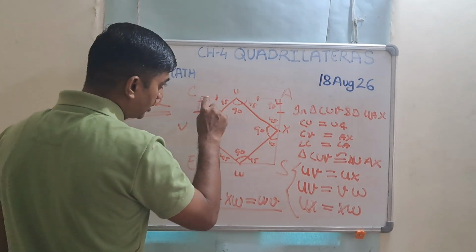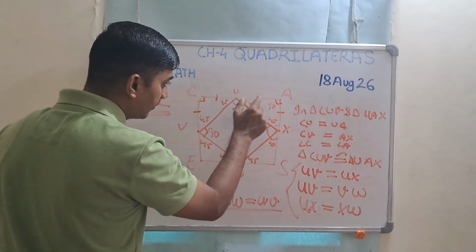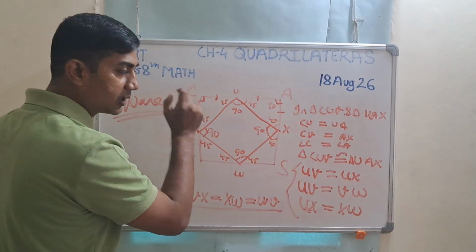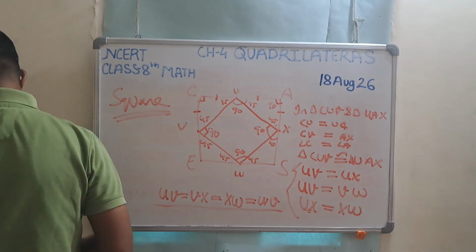The figure which is formed by joining the midpoints of the sides of a square is also a square. This is our result.